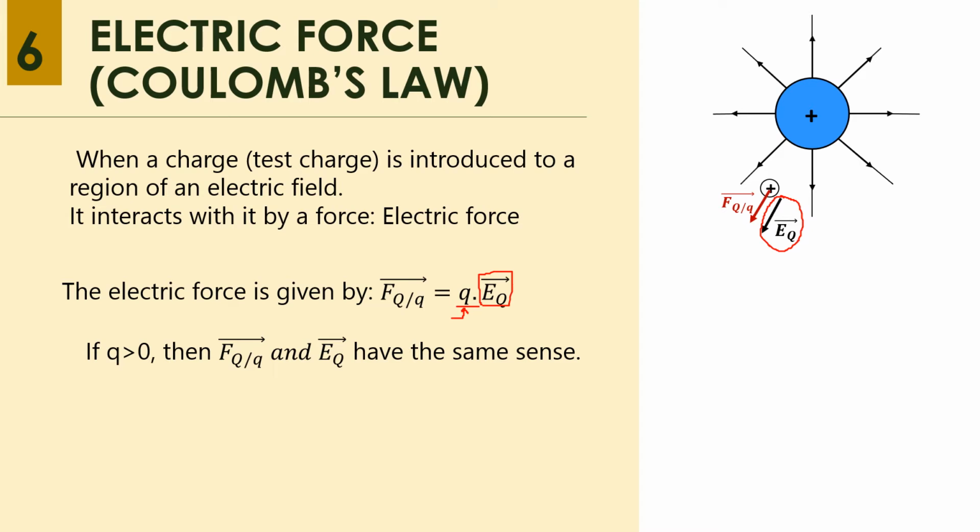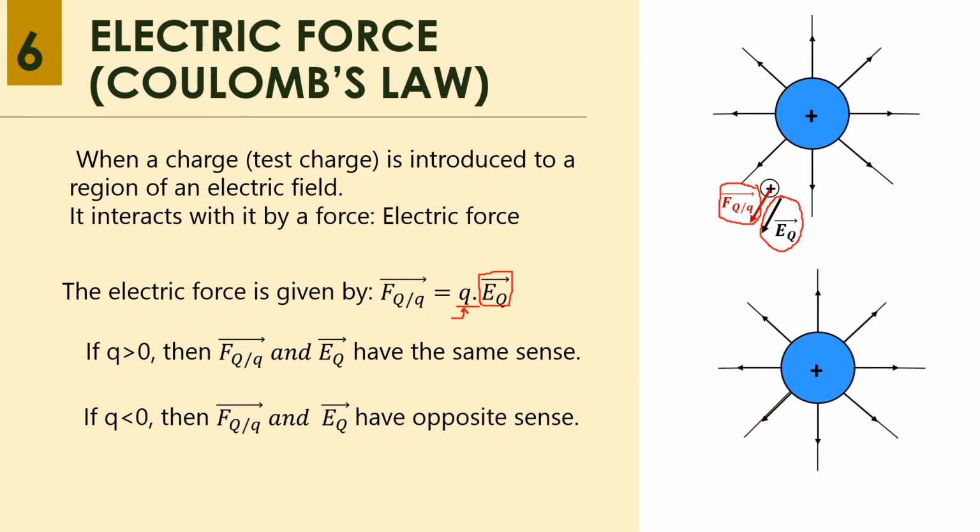And since this small charge is positive, then the force resulting is collinear to the electric field, same sense also. The second scenario is the same charge producing the same field which is going outwards. The electric field is drawn going out of the charge, but the test charge introduced is negative, therefore the force is opposite to the field.